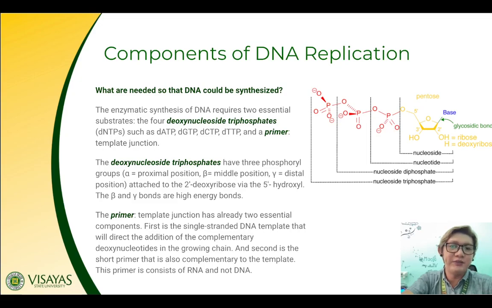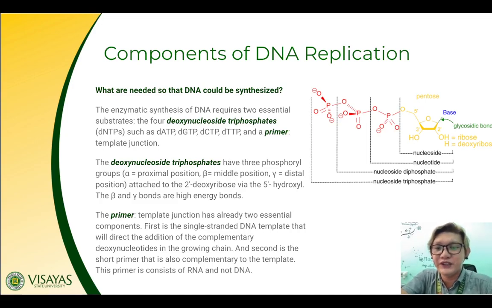A nucleotide is composed of one phosphate attached to a nucleoside, and a nucleoside diphosphate has two phosphate groups attached, and three phosphate groups is the dNTPs, the deoxynucleoside triphosphates.